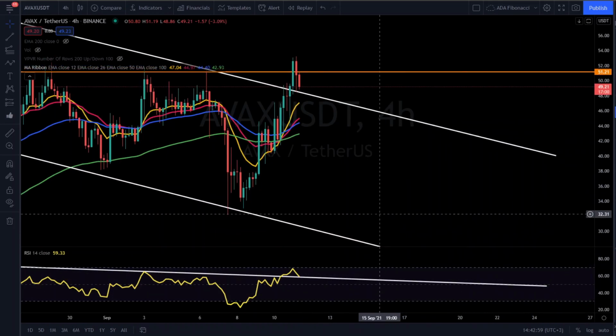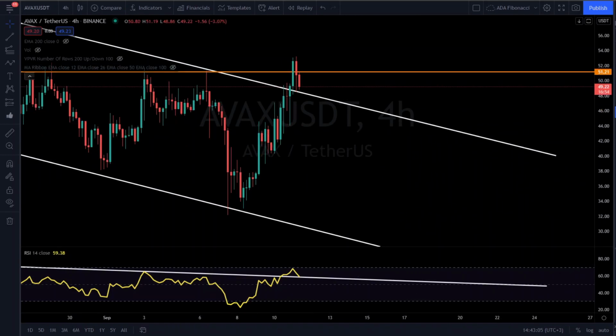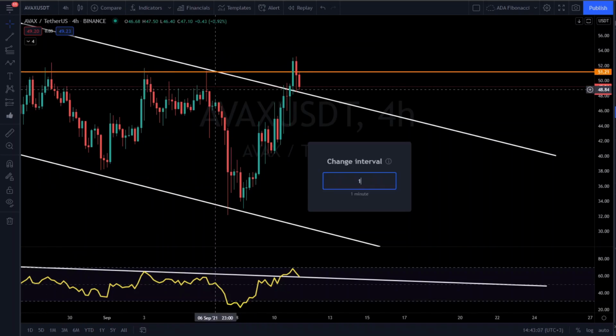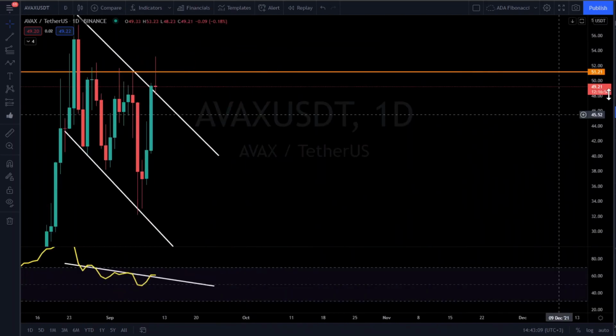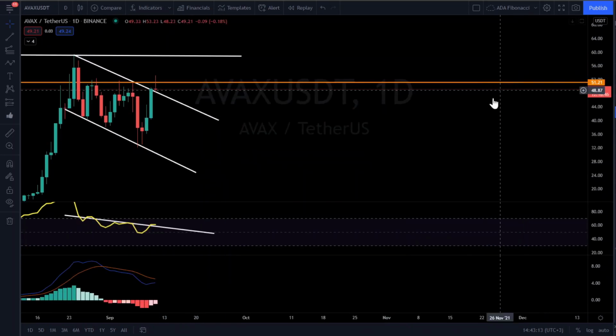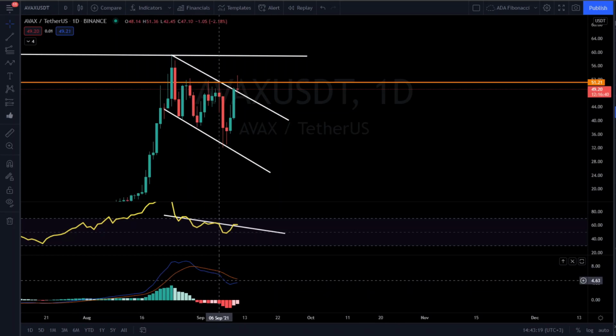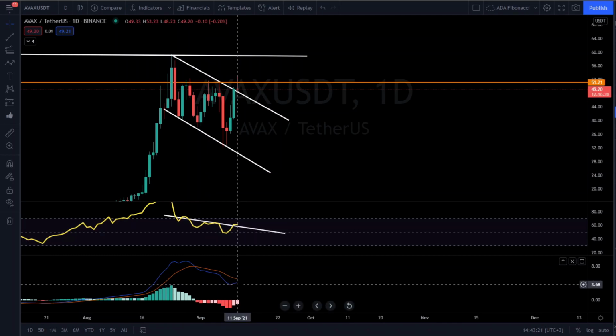Then we have the fourth thing that hasn't happened yet, but what we need to look for. So we are going to go on the daily chart, and we are going to take a look at the MACD. For us to turn really bullish, we need the MACD to make a bullish cross right here.